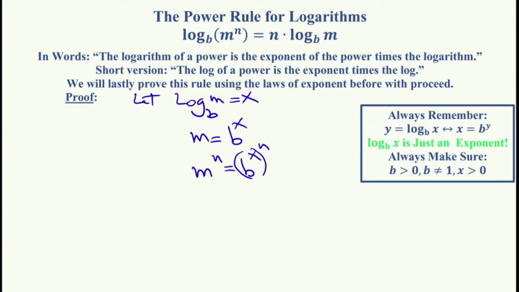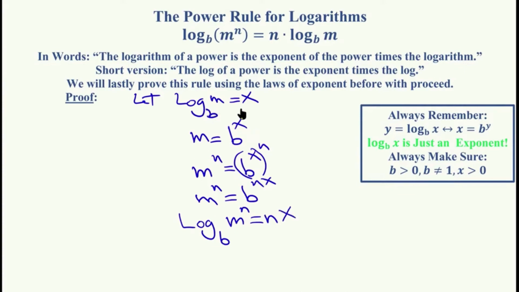So if I just simplify the right side, I get m to the n equals b to the xn, or I'm going to write nx, you'll see in a minute why. So now let's take this equation and put it in logarithmic form. So we get log base b of m to the n equals nx.